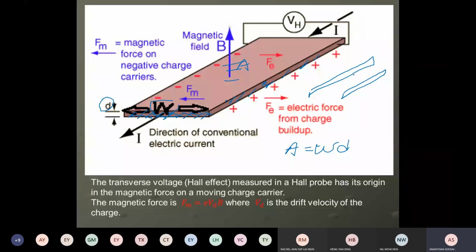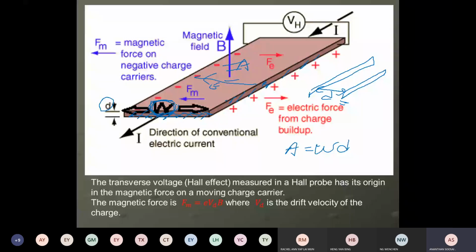So this distance is the separation. So in this case, this D is actually what? Your W. W is your width. So be careful. Your electric field plate is at the side. At the side, the electric field formed is horizontal, from right to left. So the D is actually W here.